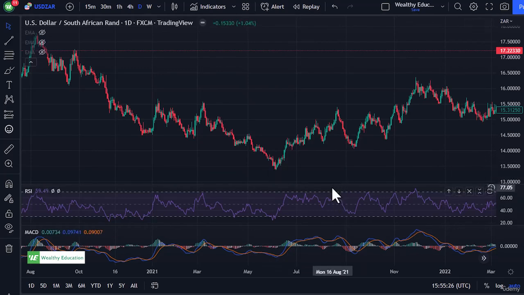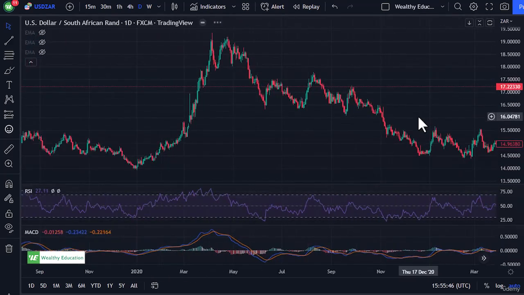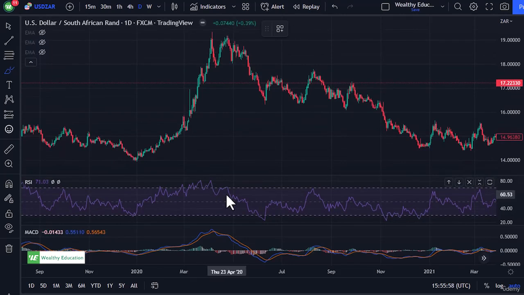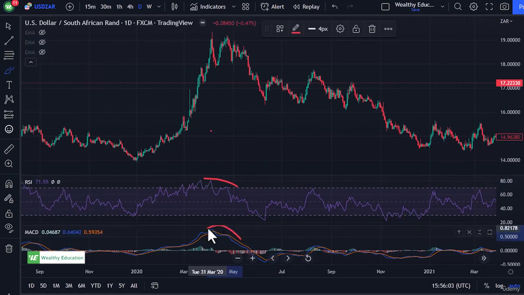There is something called divergence that people pay close attention to. Divergence is simply when price is going one way and the momentum indicator is going in the opposite. For example, here price was rising. Notice how momentum was dropping. Your RSI and your moving averages were dropping.